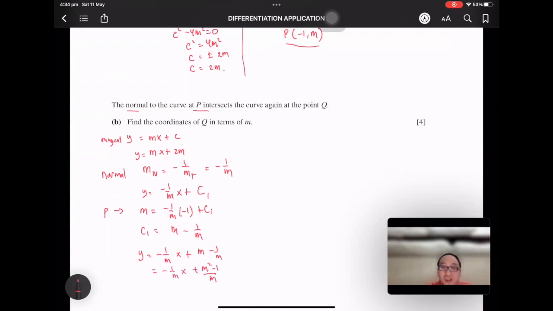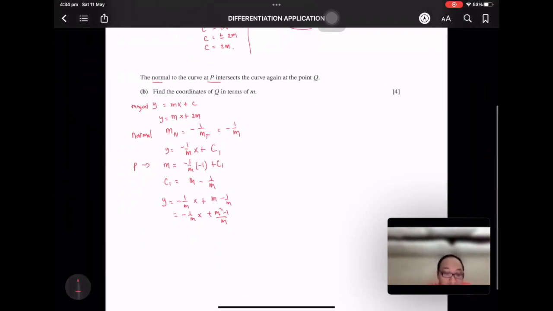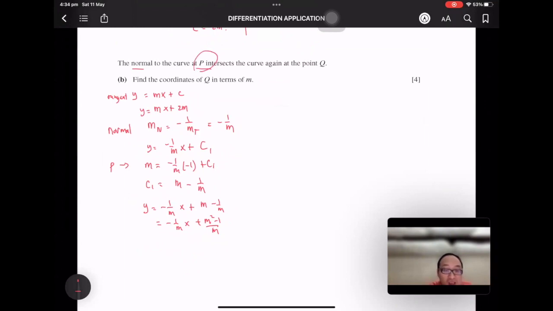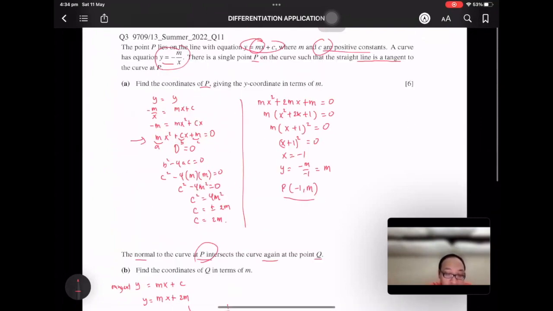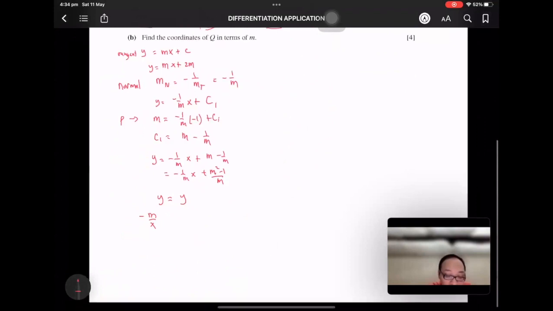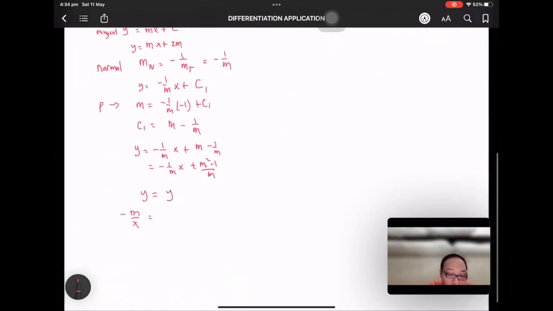This is the equation of the normal. Now, the normal cuts the curve again at point q. So we equalize the functions. The equation of the curve, negative m over x, equals the equation of the normal, negative 1 over m x plus m squared minus 1 over m.